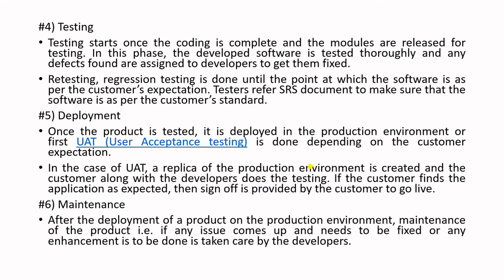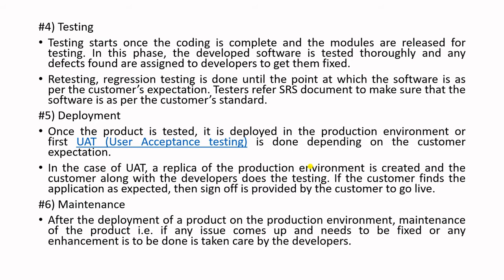Okay, now the next phase is the deployment phase. Once the product is tested, it is deployed in the production environment, or first user acceptance testing, UAT, is done, depending on the customer's expectation. In user acceptance testing, a replica of the production environment is created.